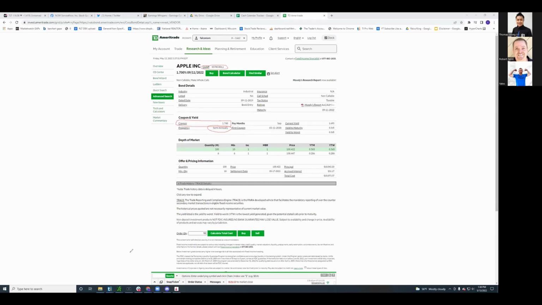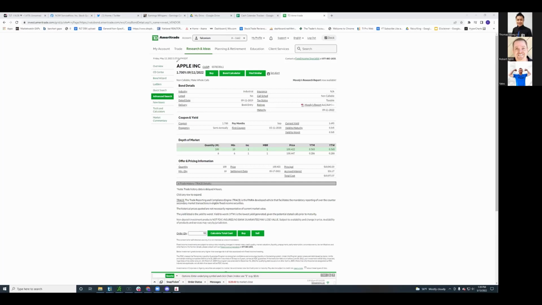Well, first of all, there's a few different types of bonds in general, right? Right now we have a corporate bond, and then there are muni bonds, which are issued by state governments, and then there are treasuries, which are issued by the U.S. government. There's also one other, not exactly the U.S. government, but government-related bonds.